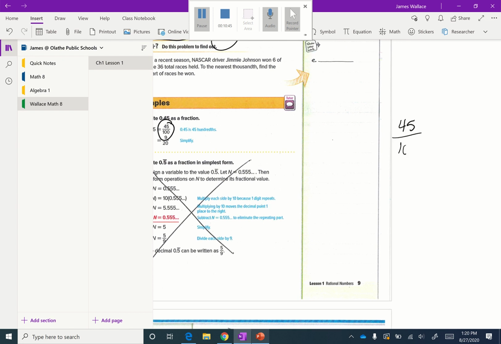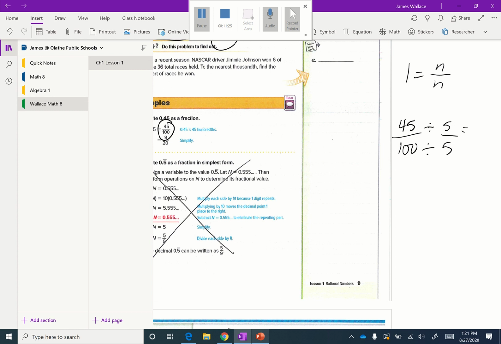The easiest way to do that is to divide by 1. And any number 1 is going to be n over n, where n is just any integer. So for this scenario, we know that 45 and 100 are both divisible by 5, so I'm going to do 5 over 5, which is the same as 1, and I'm going to divide both the numerator and the denominator.